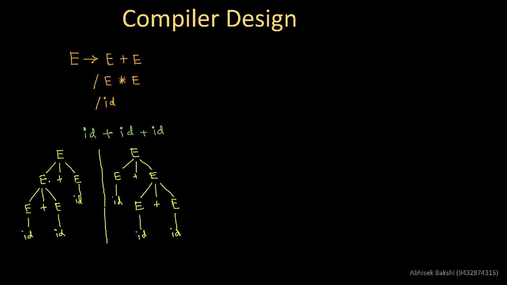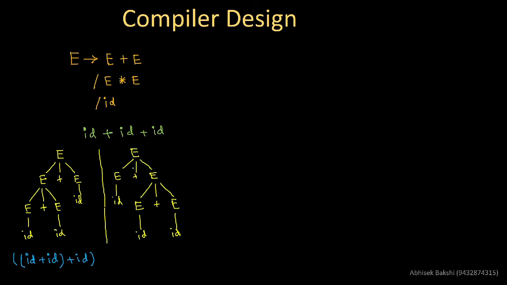So this plus is left associative. If we have two pluses, the computation of the string will be something like id plus id on the left, and the result of this will be added with this one. The same string, but the computation will be in this way.